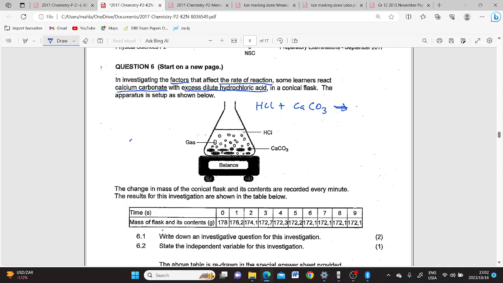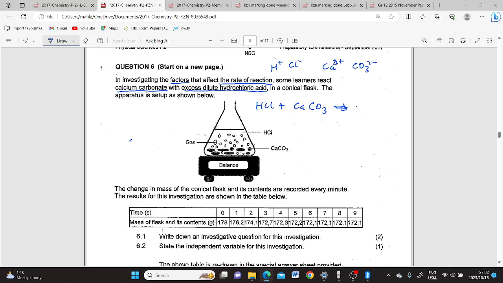Now this HCl is going to ionize to H plus, Cl minus, and the carbonate we're going to have Ca2 plus, CO3 2 minus. So they will just try to interchange.